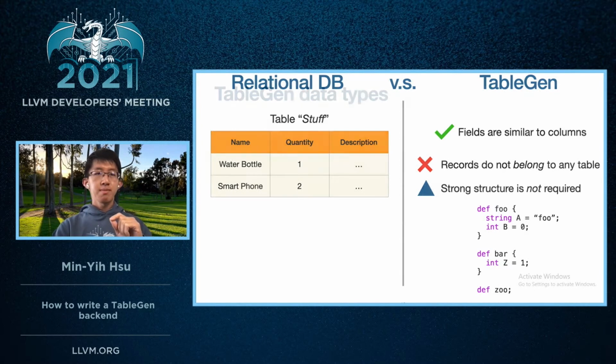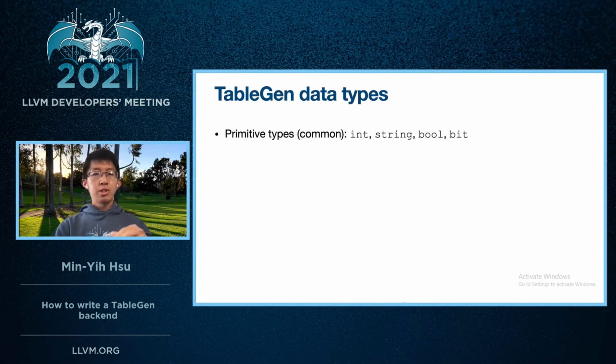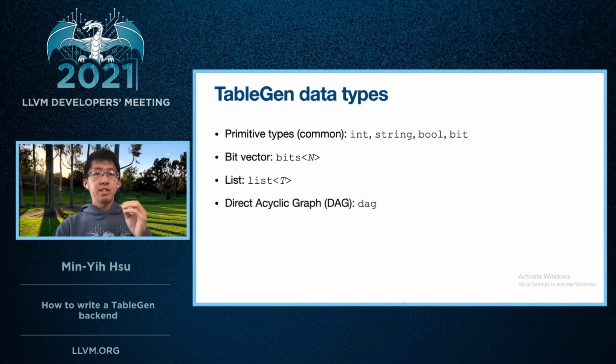And when it comes to data types in TableGen, most of them are pretty straightforward, like integers, strings, booleans, and bits. We can also have bit vectors, lists with arbitrary data types, and a special data type called DAG, which stands for directed acyclic graph.